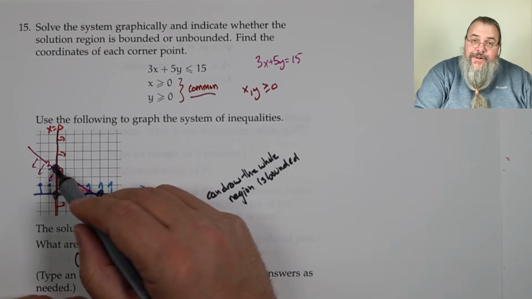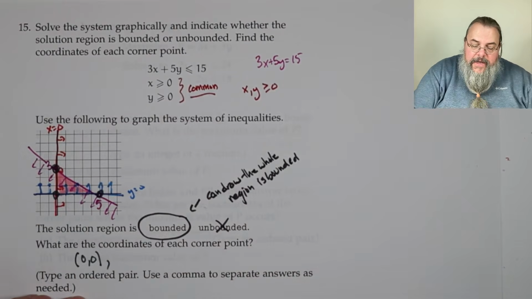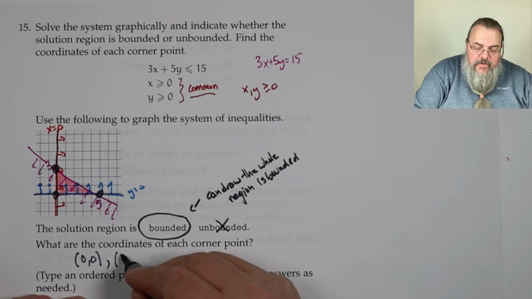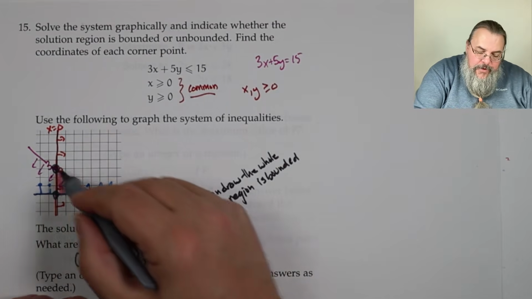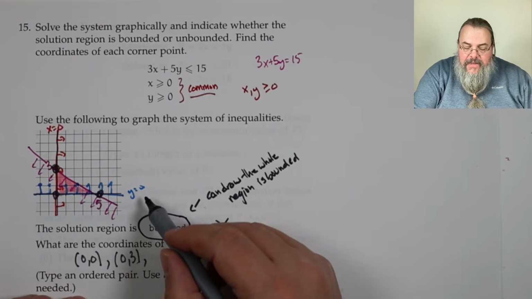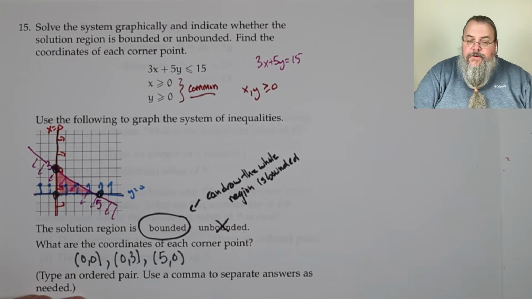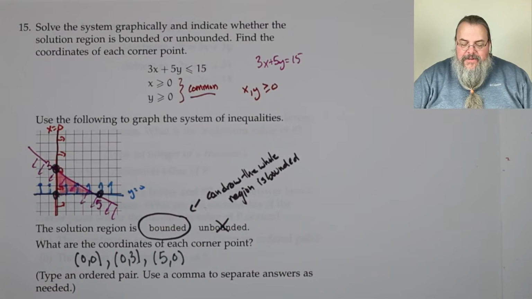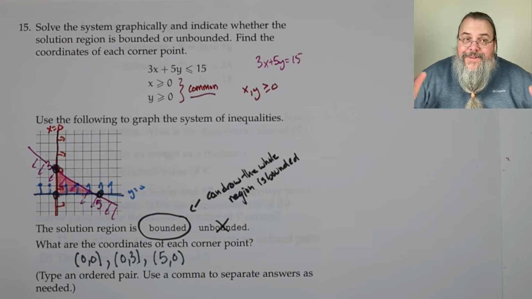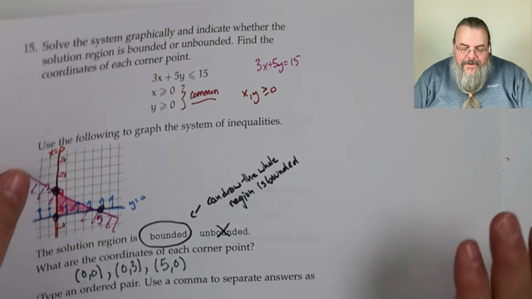We have up here where the line 3x plus 5y hits the y-axis, and that's at x equals 0, y equals 3, comma. And we have where 3x plus 5y equals 15 hits the x-axis, and that's at x equals 5 and y equals 0. So there are 3 corner points. And there we go. That's our list. Okay, so that's number 15. Done. Good.